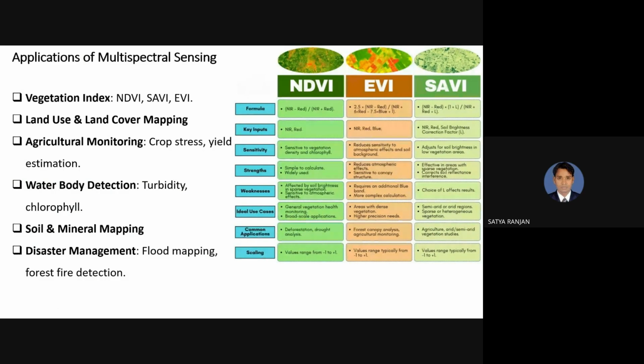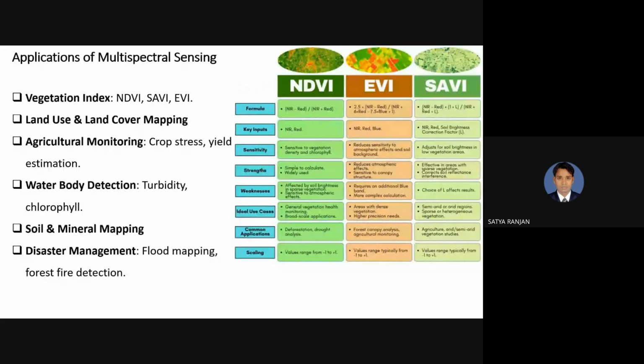So if the vegetation is evergreen or highly healthy, then its value is nearer to 1, or 0.9 or 0.8. But if the vegetation is unhealthy or not good enough, then its value is less, like 0.5, 0.4 in this region.